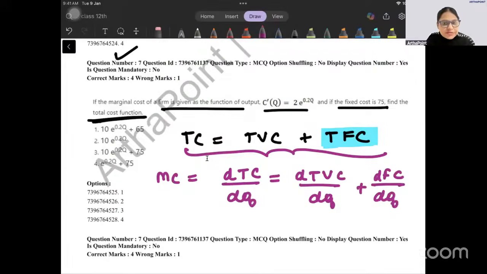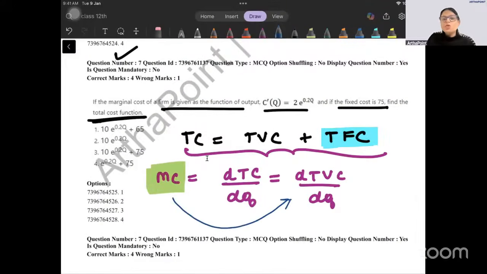But fixed cost is fixed. Fixed cost cannot change as output changes. तो fixed है, वो कैसे change होगी अगर output change होगा? So माने ये तो zero है. So this marginal cost, इसको हम ये भी बोल सकते हैं that it is differentiation of total variable cost with respect to output.